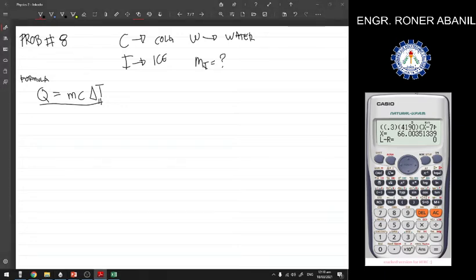Yung formula ang gagamitin natin sa melting of ice is yung Q plus or minus mL. Madaling tandaan yan ha, mL yan eh.